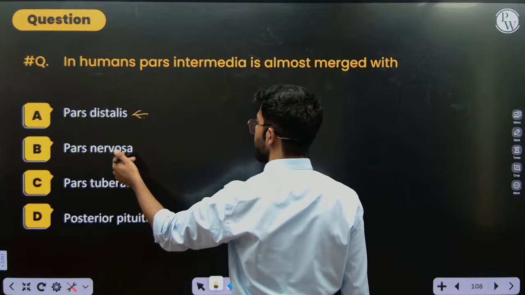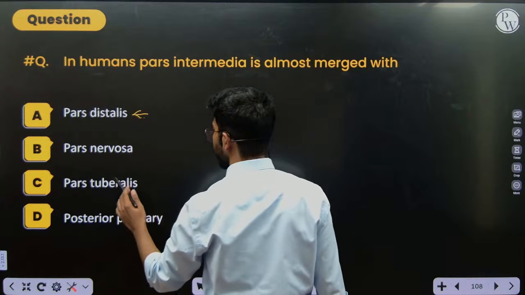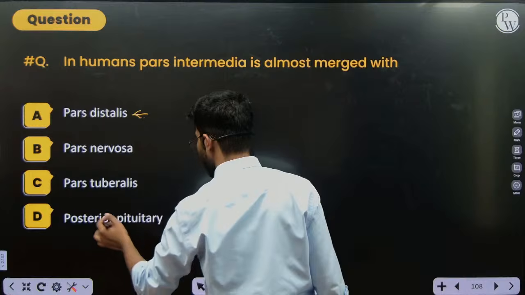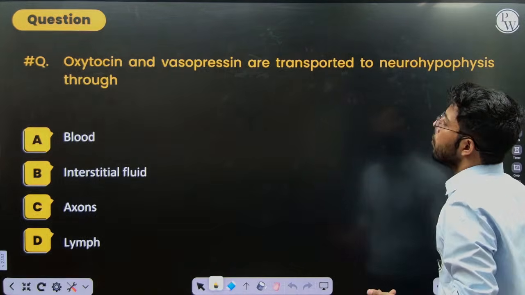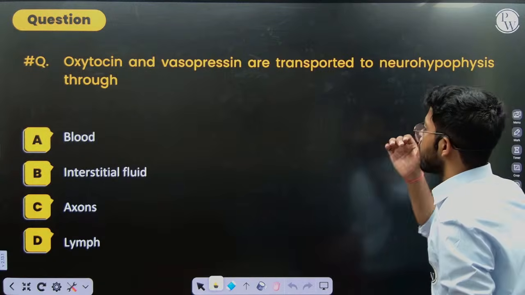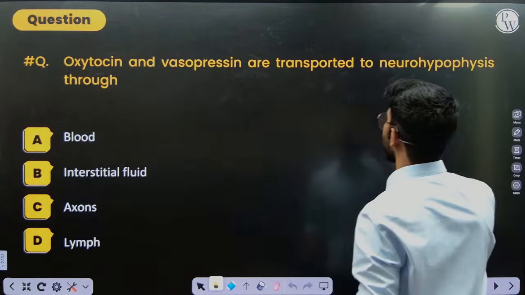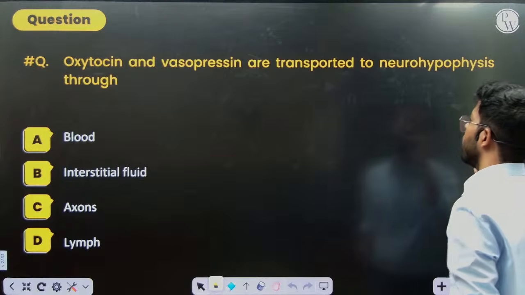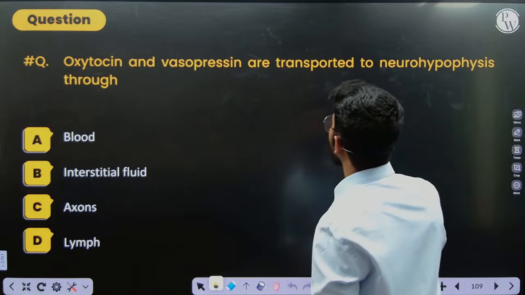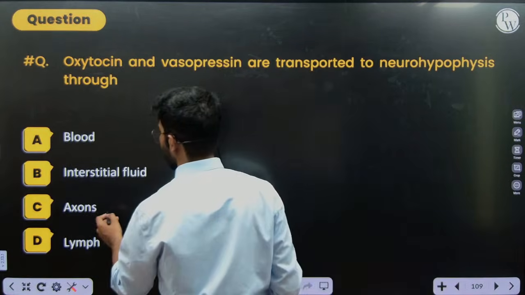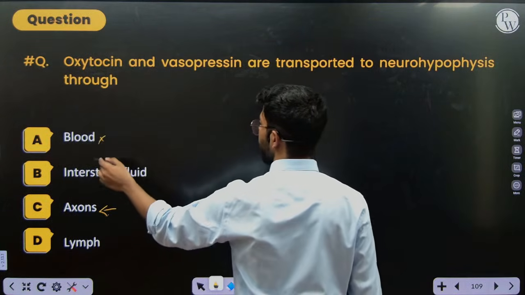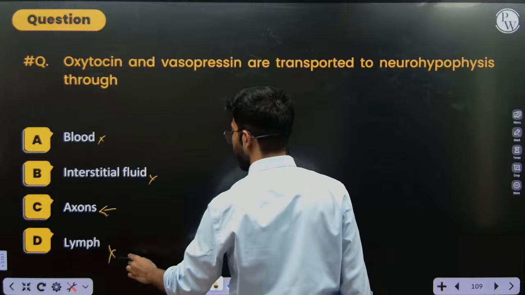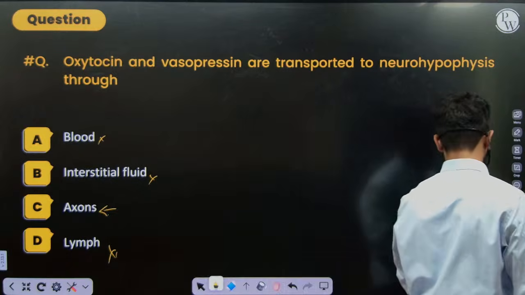Pars nervosa is the posterior lobe. Pars tuberalis is also a part of the adenohypophysis. The posterior pituitary is different. Oxytocin and vasopressin are transported to the neurohypophysis through long axons. There is no blood supply, no fluid, no lymph, only axons.